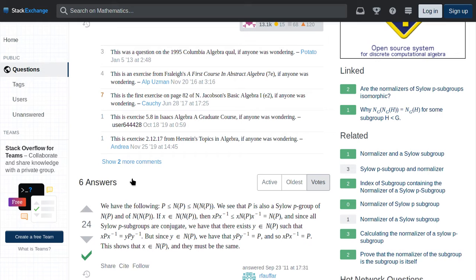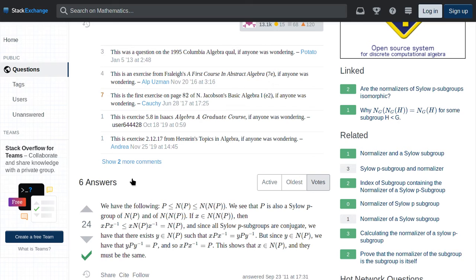So P is a Sylow P group of N of P, so it's got the highest prime order. So if X is in the normalizer of the normalizer of P, does that next line make sense?